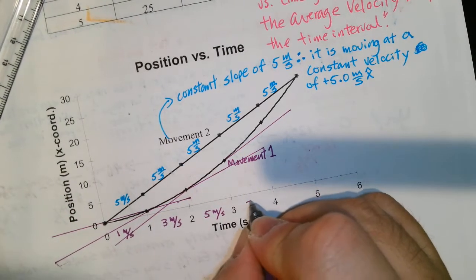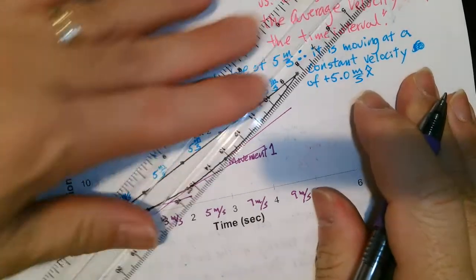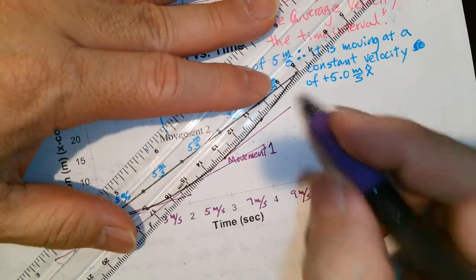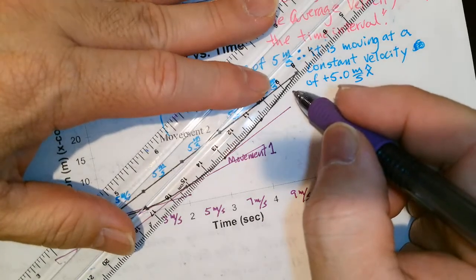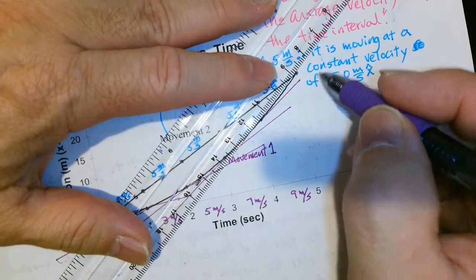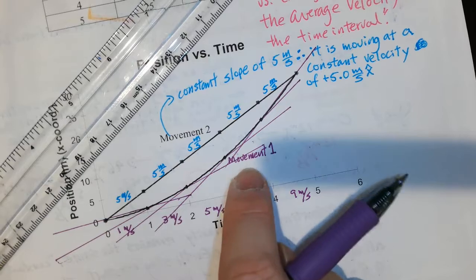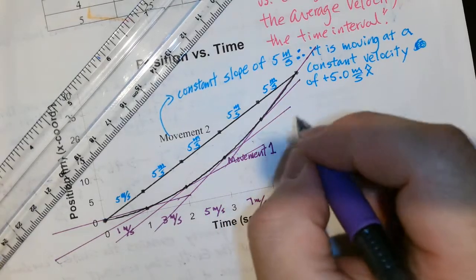And this will be 7 meters per second and 9 meters per second and so on if you continue to solve for the slope values between each time interval. Okay? So what does that mean? This means that movement 1 is definitely an accelerated motion.